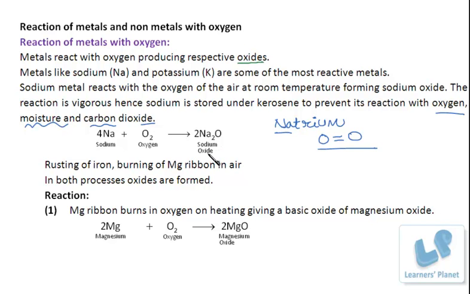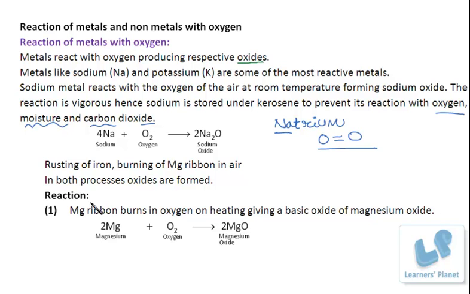As sodium is highly reactive, it combines with oxygen and the reaction is vigorous. It proceeds with the release of lots of energy, in the form of heat energy. So sodium when exposed to air catches fire. This is the product formed.